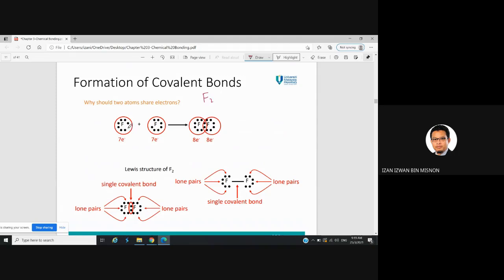Each fluorine atom consists of 7 electrons on the valence shell. Okay, so to achieve a complete octet configuration, each fluorine requires an additional 1 electron.